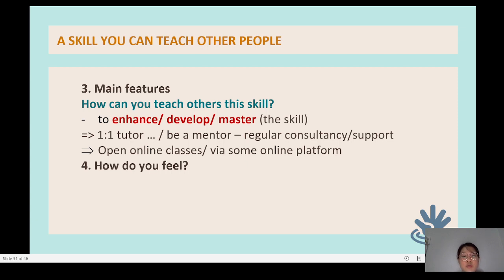And then you should talk about your teaching methods, that you teach others online or offline. For example, you can say that you open online classes via some online platforms.